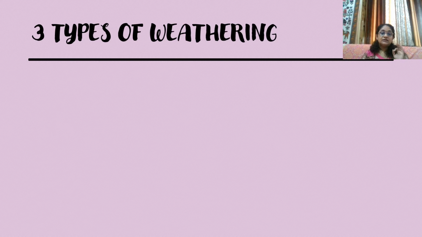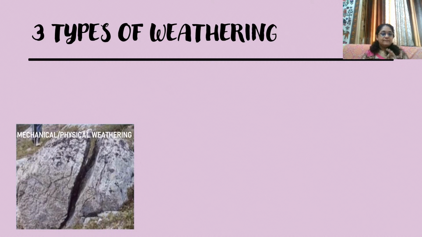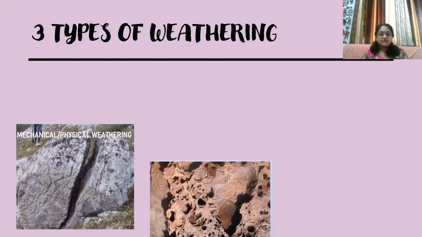Now let us look at the types of weathering. Now there are three types of weathering, students. The first one is mechanical or physical weathering. Mechanical weathering is also known as physical weathering.